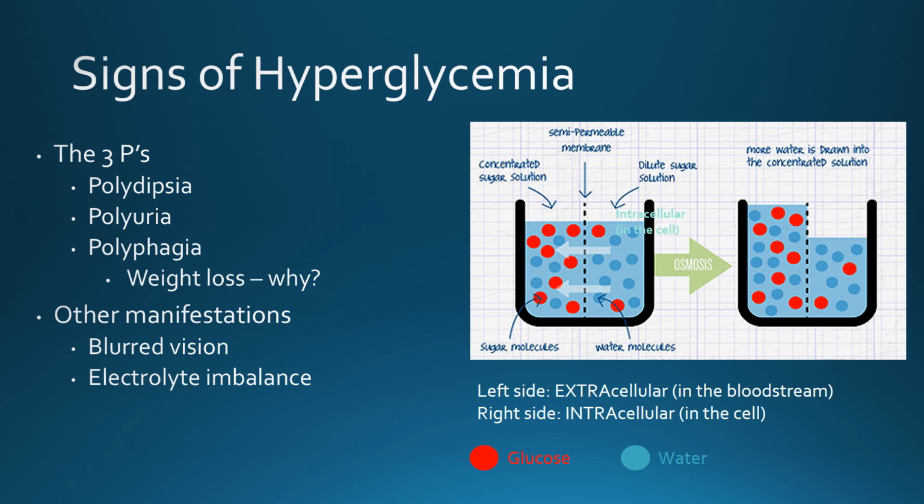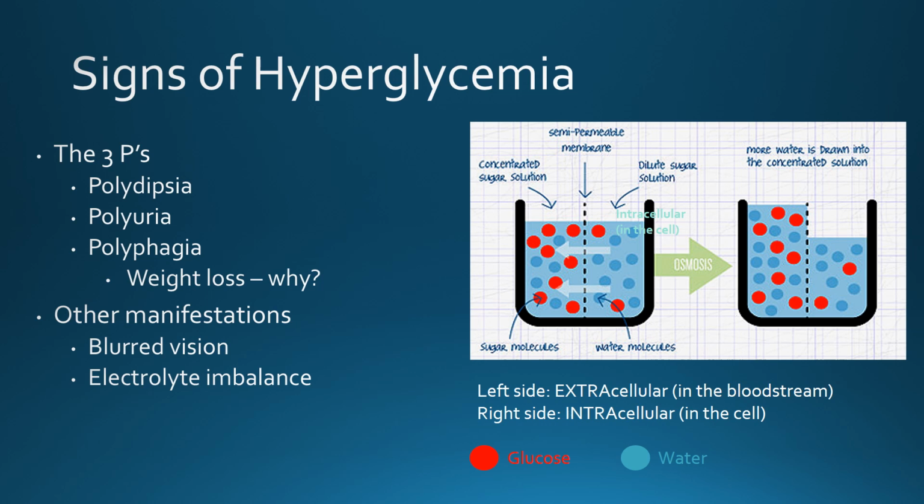So glucose is a solute and it increases the concentration of the blood. With this increased concentration of the blood, the body senses this as dehydration. So it urges the body to need more water. And as a result, that triggers our thirst center in the brain to say, hey, you need to be drinking more water, you're dehydrated. So that is what causes the polydipsia, or that extreme thirst.